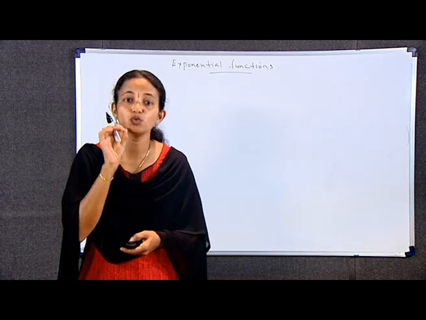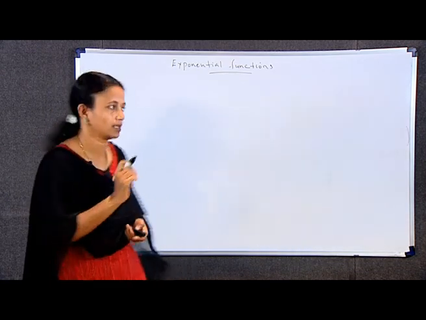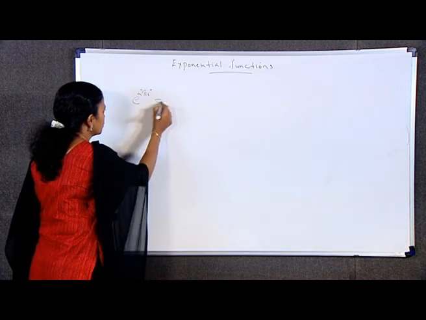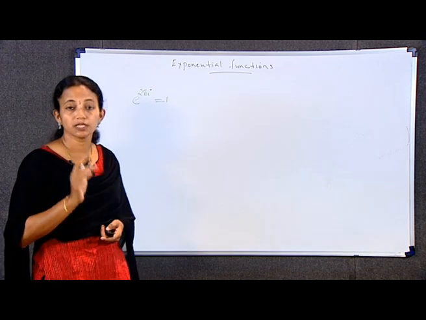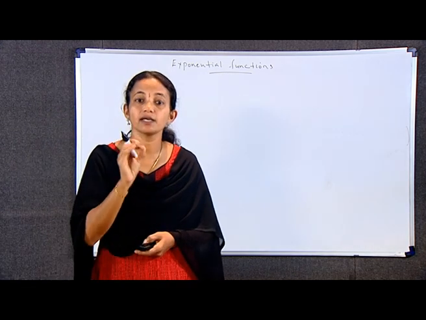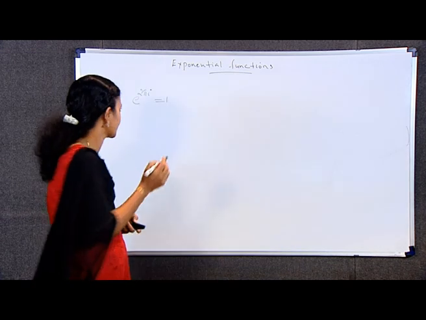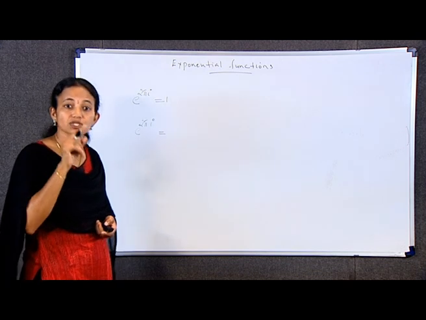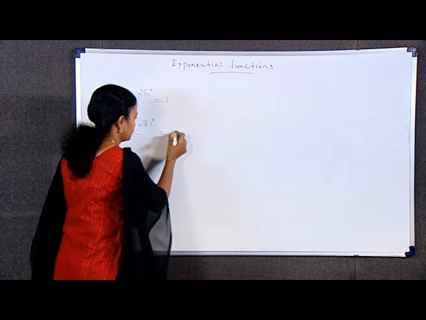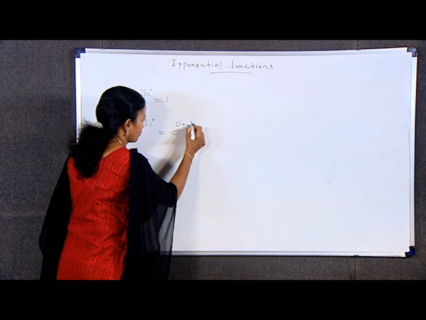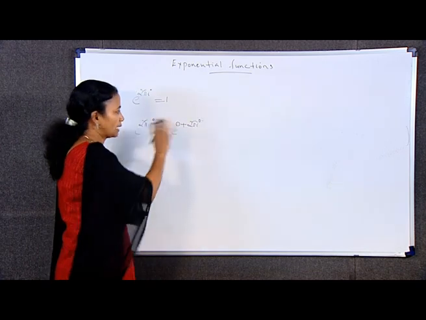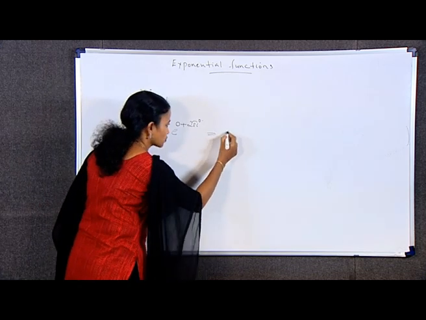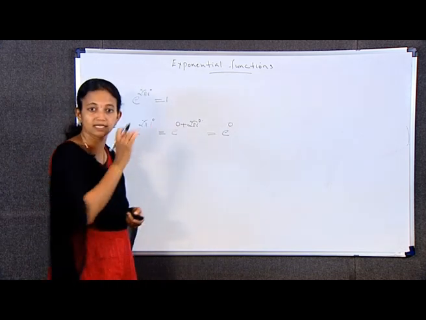e raised to 2 pi i is equal to 1. This follows from the fact that we can write e raised to 2 pi i as e raised to 0 plus 2 pi i. Here the real part is zero, that is, our x is equal to 0.